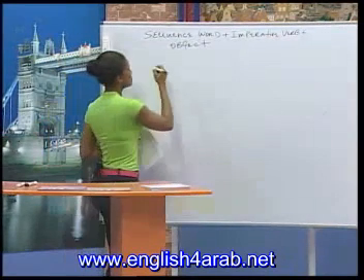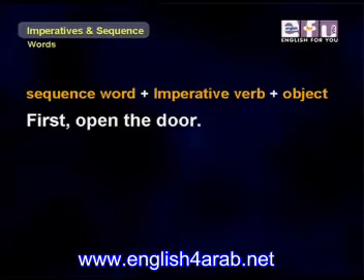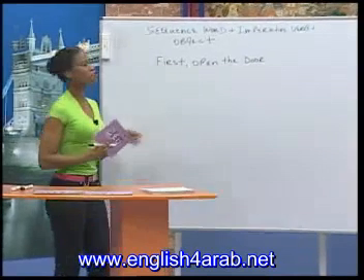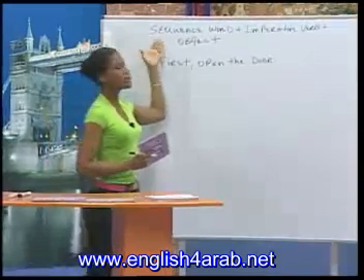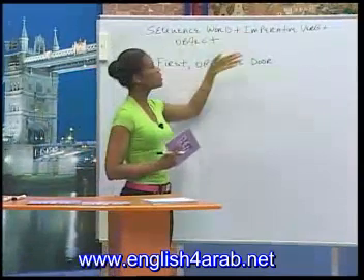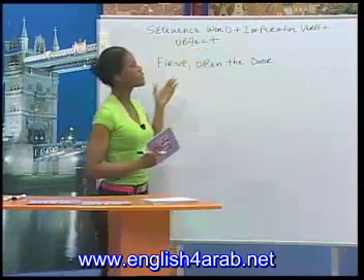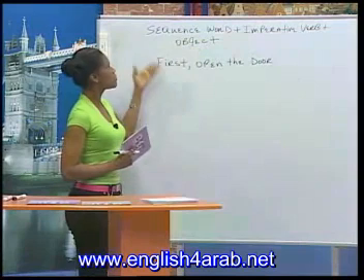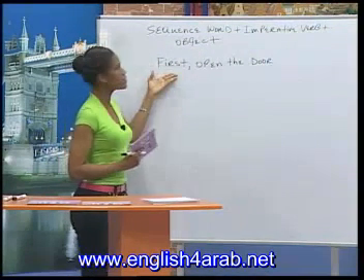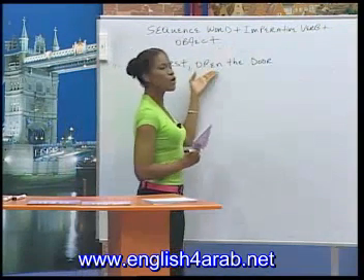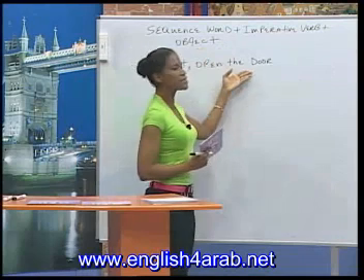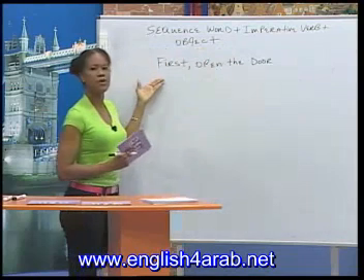For example, we can say, first, open the door. So let's follow our structure. Sequence word plus the imperative verb plus the object. In our example, for a sequence word, we used first, our imperative verb, open. The object is the door. First, open the door.